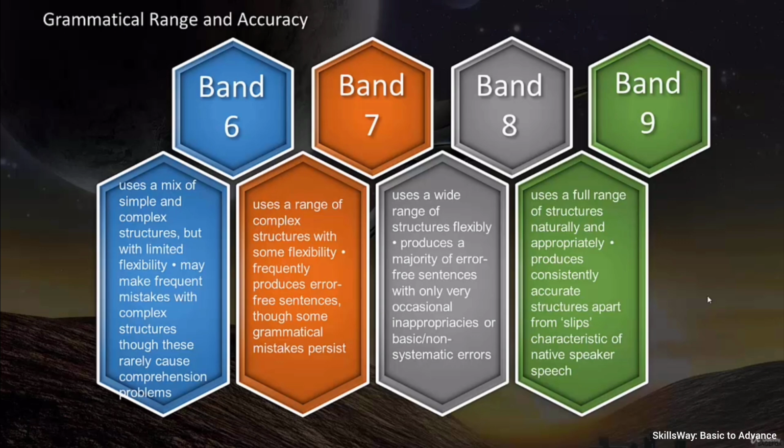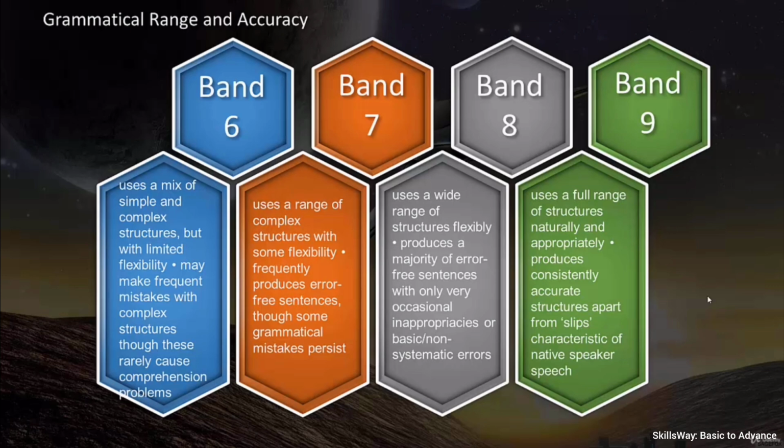Right, so grammar range. Probably the best way I can explain this is when you look at the difference between a basic level English student and an advanced level English student. A basic level English student uses a lot of simple sentences, and sometimes they can use a compound sentence correctly.